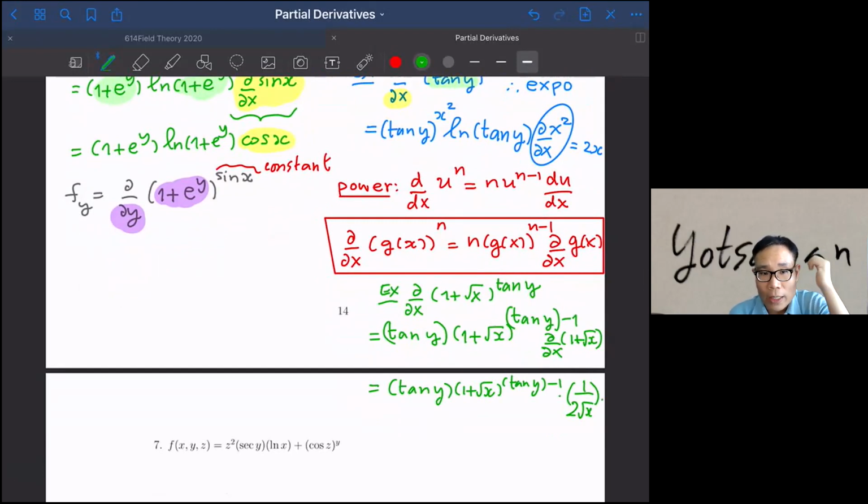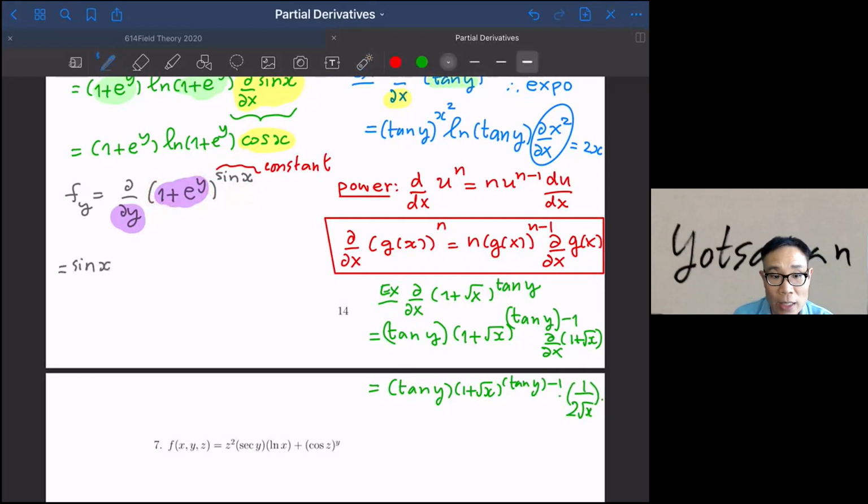And you're going to have to find f_y for me here. So this one we will apply the power rule. You see that this one is a function in y and you have a constant up there. So you just move the constant down.